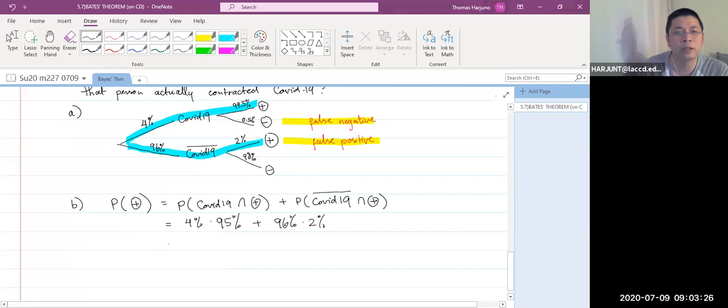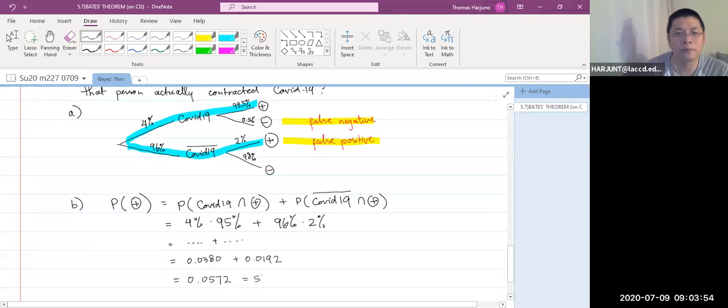Then fast forward, this is 0.0380 plus 0.0192. That is 0.0572.